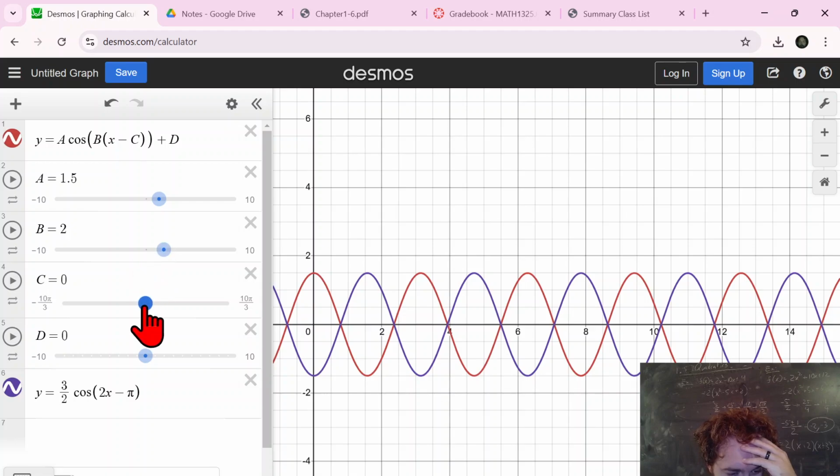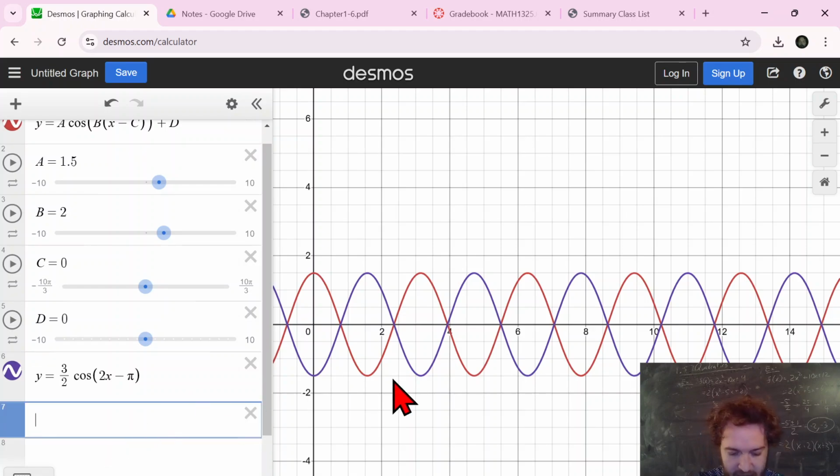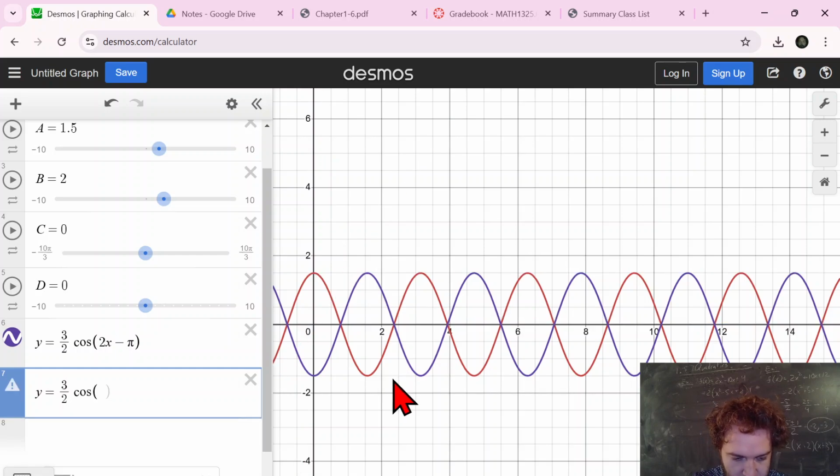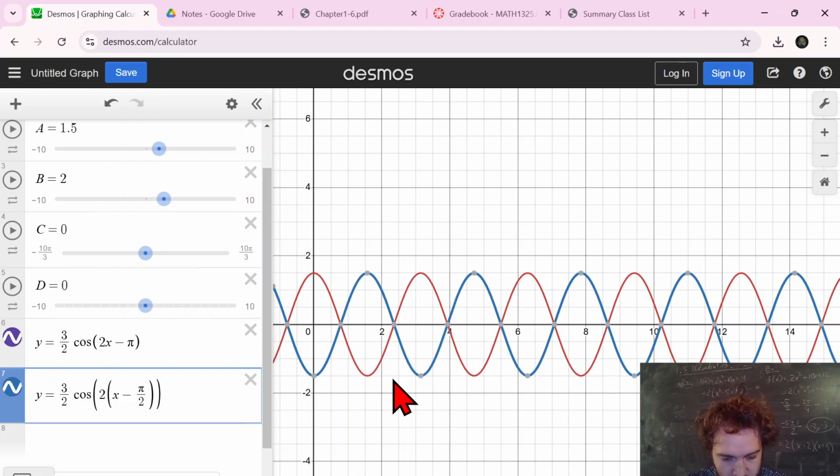But then we have this phase shift, and this phase shift is minus pi normally, but remember when we factor this thing out, what we're actually looking for is 3 halves times the cosine of 2 distributed into x minus something that when multiplied by 2 will give me pi. Well, pi over 2, when we multiply that, that will give me the correct expression on the inside, so that you see this blue line and this purple line, they are in the same place now.